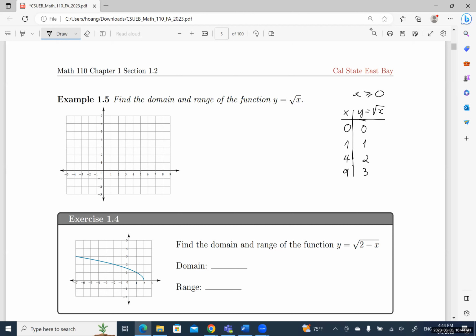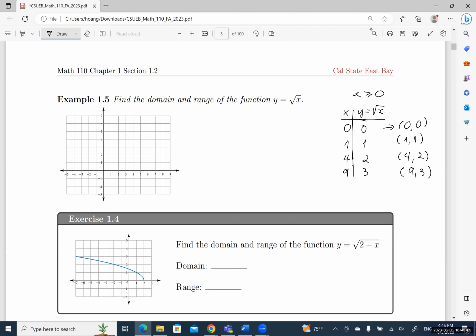So you will go ahead and input these points: 0, 0, 1, 1, 4, 2, 9, 3.